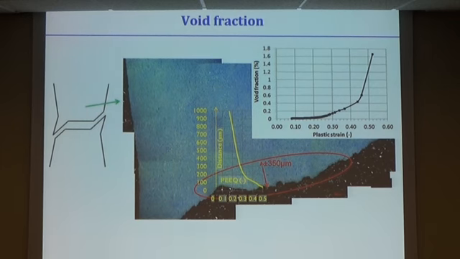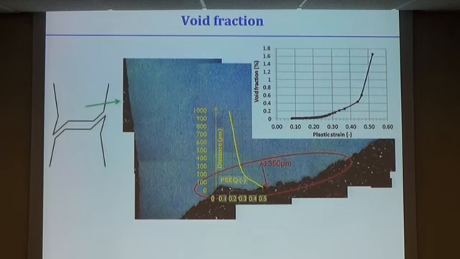So our conclusion from this is that you need a certain threshold value of the strain to have void initiation, to have nucleation of voids, and that you need triaxiality to go to fracture, to have growth and coalescence of the voids.